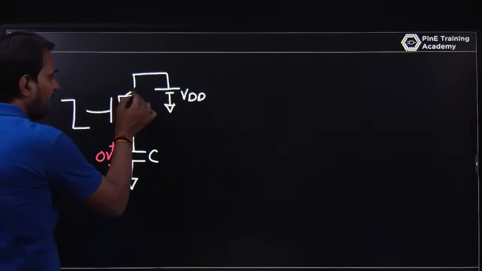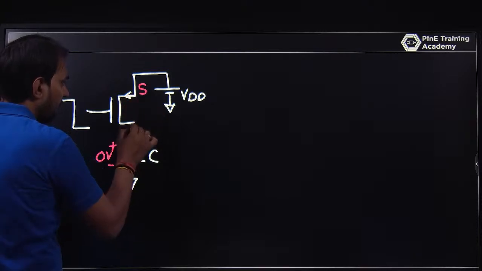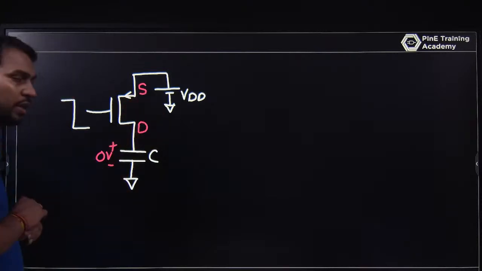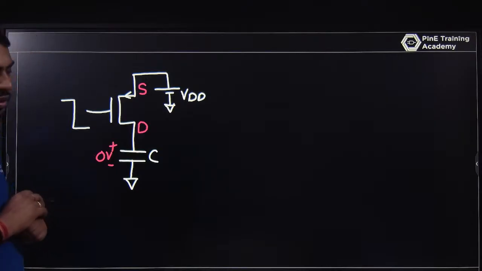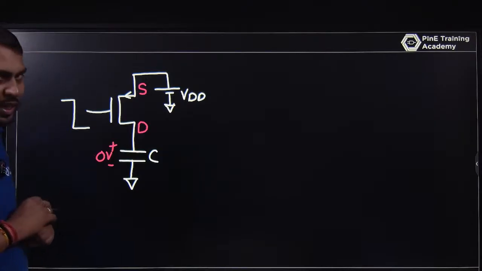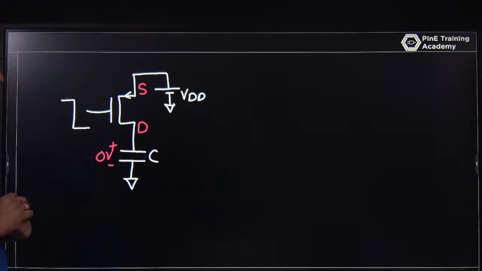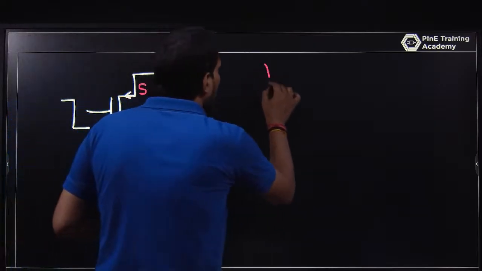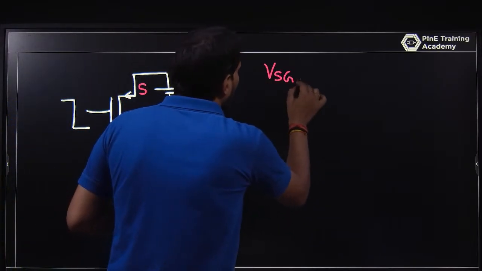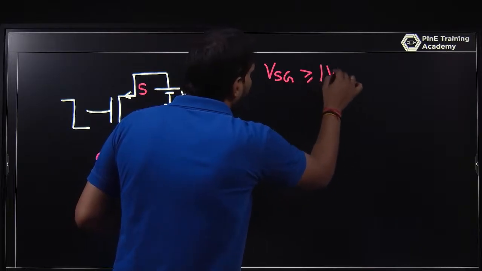This has a higher potential, so it will be the source, and this will be the drain for PMOS. The higher node represents the source, and the lower node represents the drain. So looking at the circuit, VSG is greater than or equal to mod VTH.